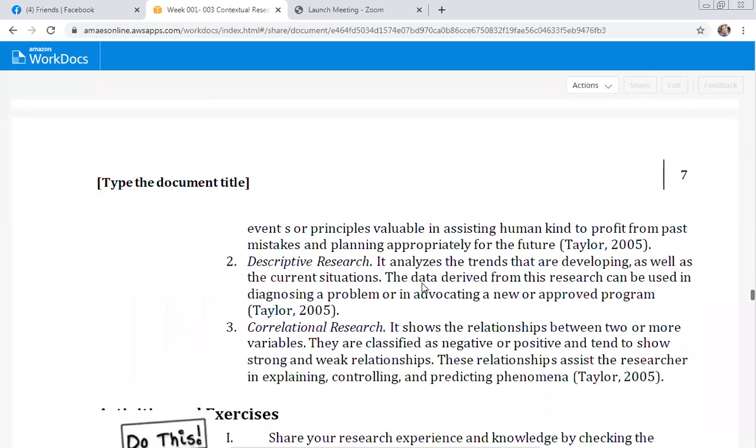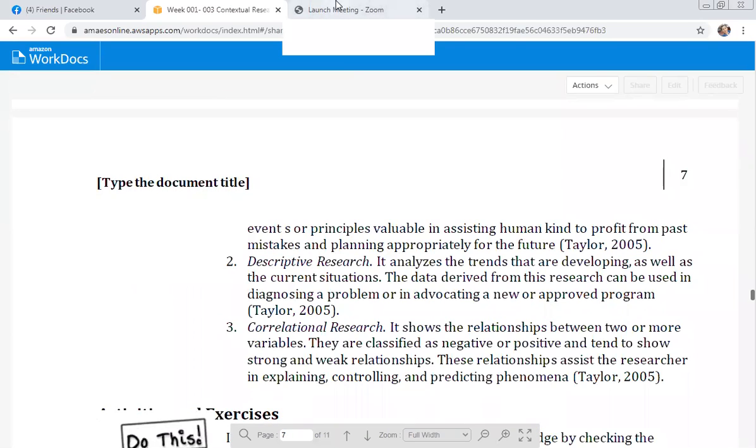Okay, descriptive research analyzes the trends that are developing as well as the current situation. The data derived from this research can be used in diagnosing problems or in advocating new or improved programs. For example, for people suffering with HIV, when doing descriptive research, they would analyze developing as well as current situations of people with HIV.